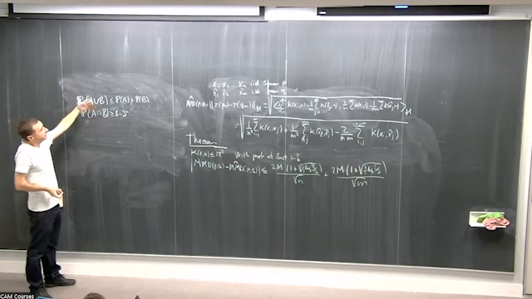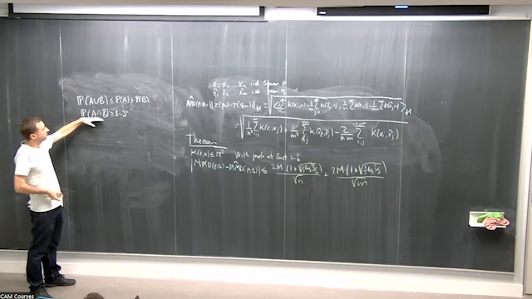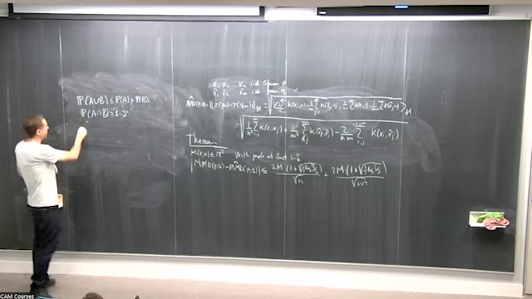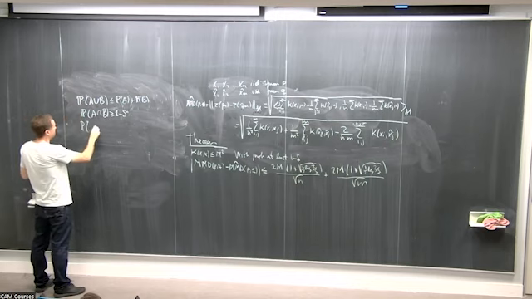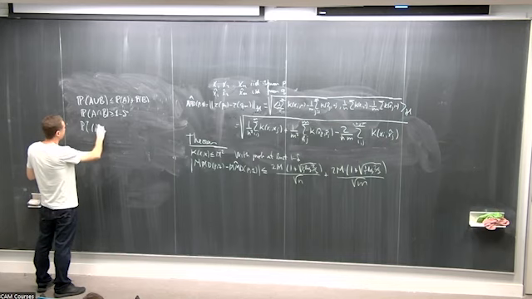Basically, people call it the union bound because if you have this bound for the union, you can also have a bound for the intersection.